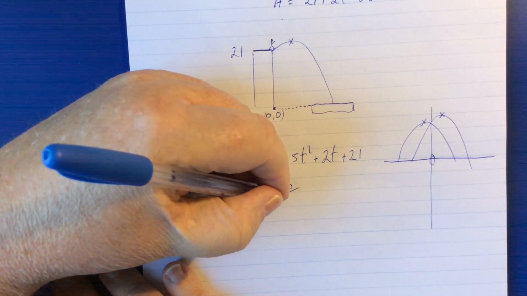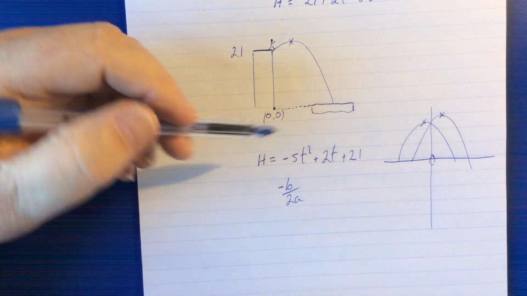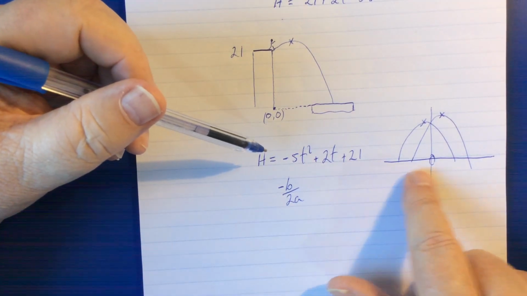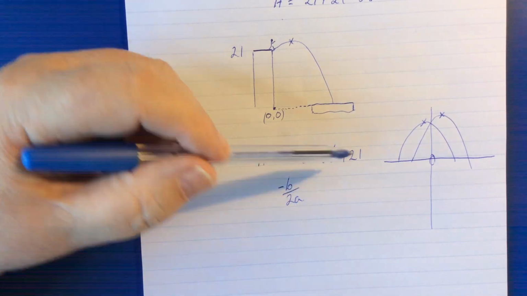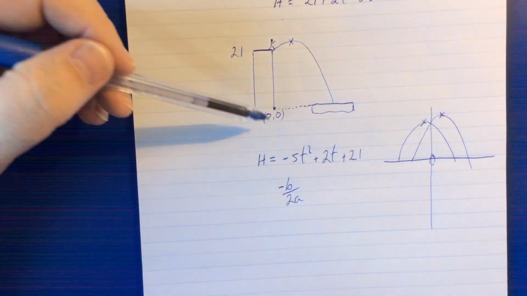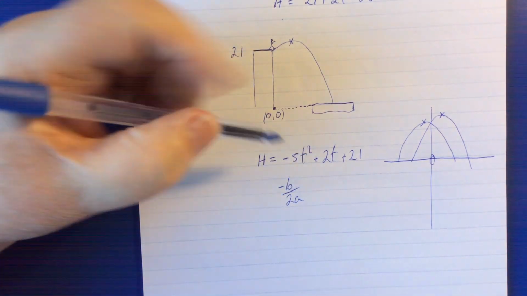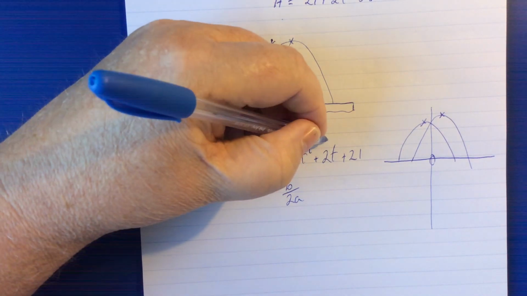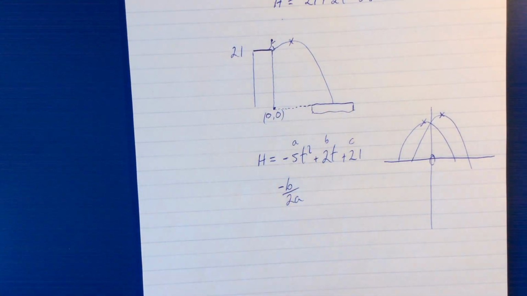Negative b over 2a. That gives us our midpoint on the x-axis, and from that we can figure out what the y-coordinate, the height, if you will, in this case the h-coordinate, would be. So this is a, this is b, and this is c, from the general formula ax squared plus bx plus c.